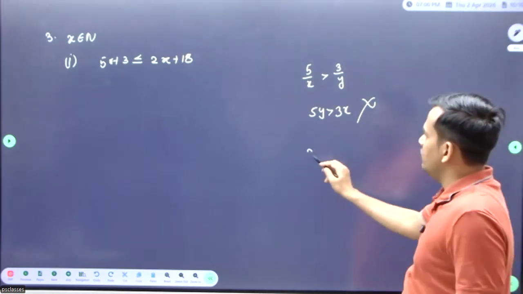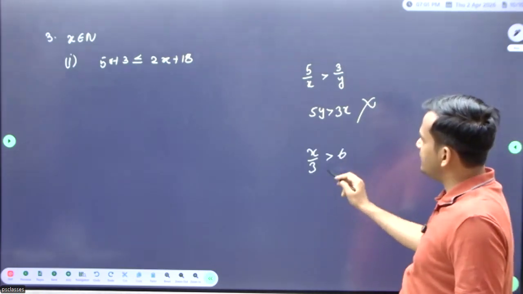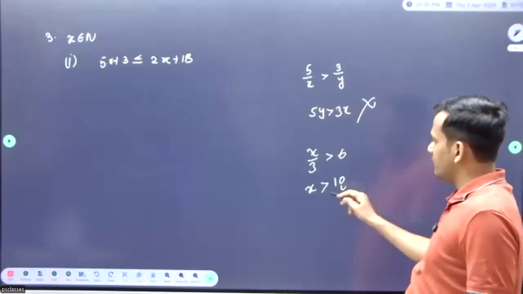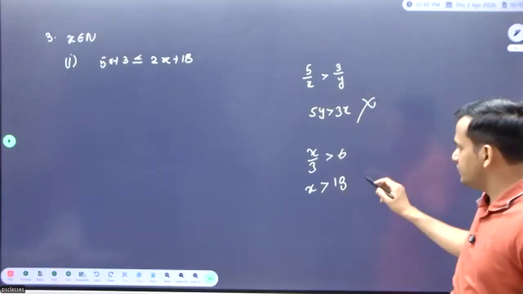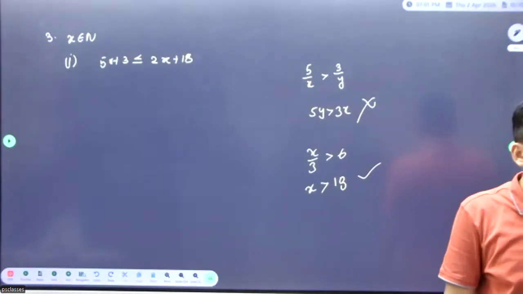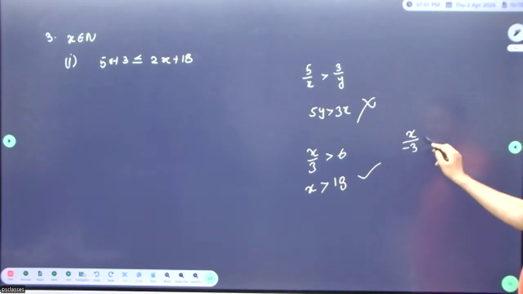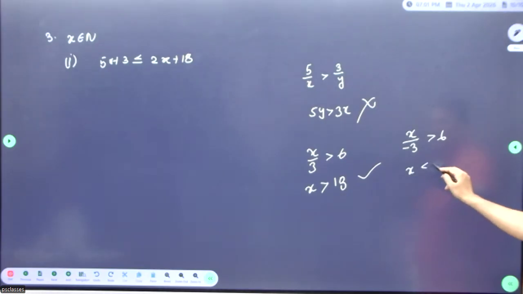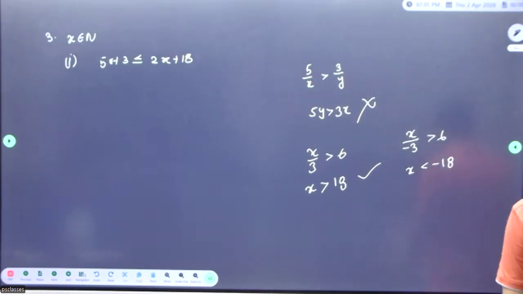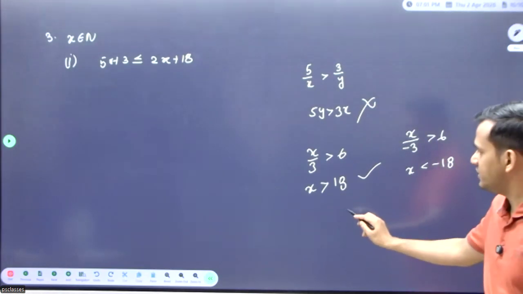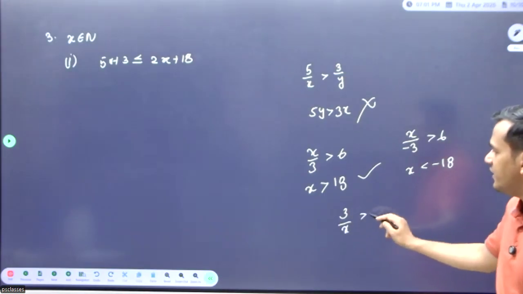Suppose x upon 3 is greater than 6. In this case, we can cross multiply. X is greater than 18. This is true because we know that 3 is a positive number. Suppose x by minus 3 is greater than 6, then x becomes less than minus 18 because minus 3 is a negative number. But suppose it is given that 3 by x is greater than 6.